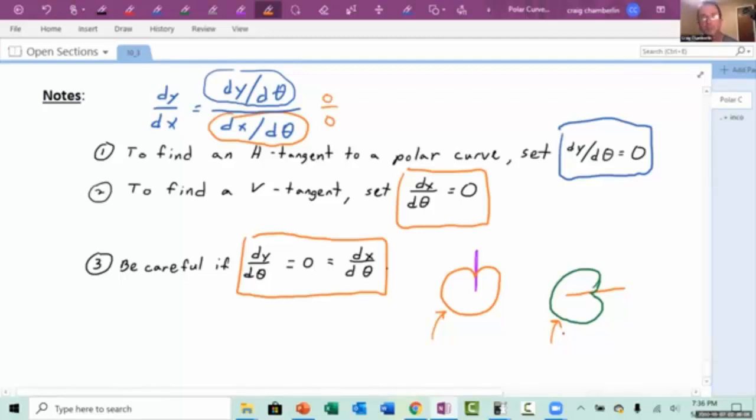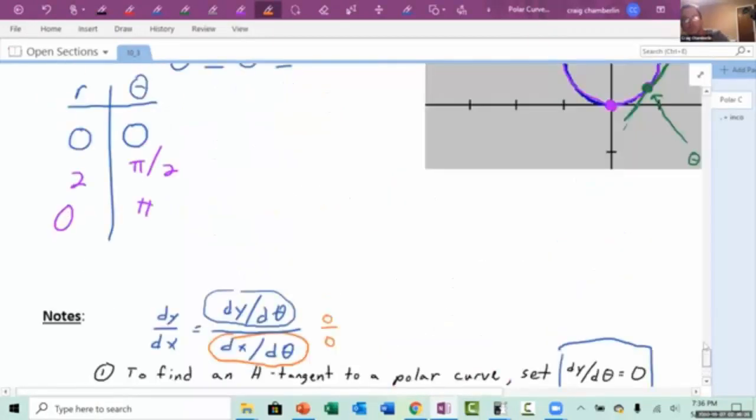There are ways you could do it more formally with one-sided limits, but we're not going to go there. So that's it for this section. Just beware of cardioids when you're looking for horizontal or vertical tangents. You can pretty much graph them to verify whether you have a horizontal or vertical tangent, is what I'm telling you. Any questions on 10.3 we just finished up?